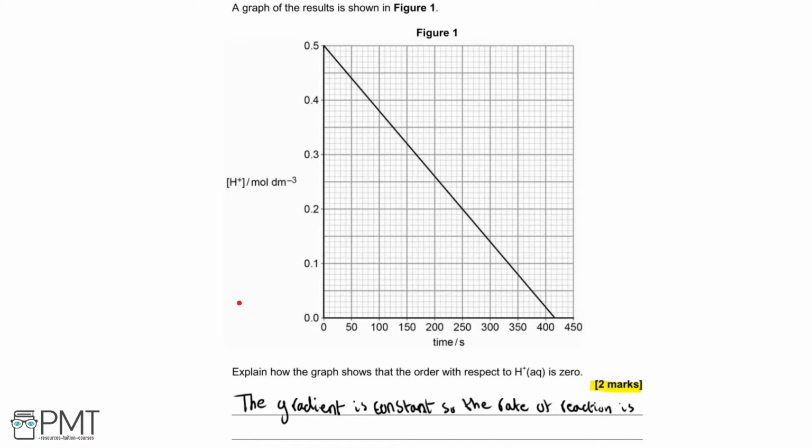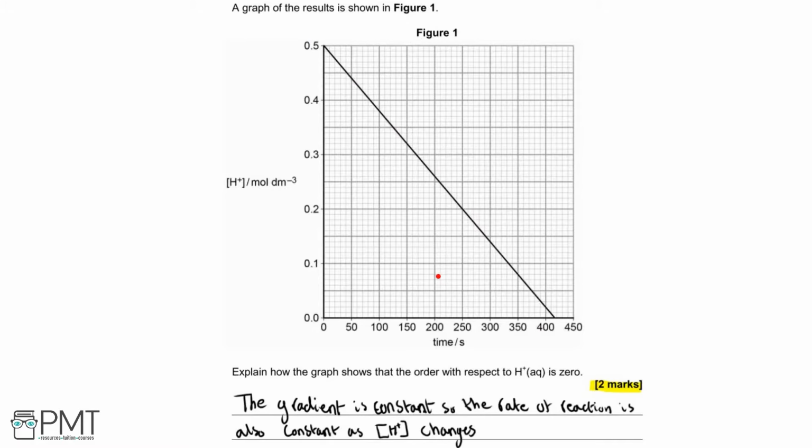So this rate of reaction is also constant as our concentration of hydrogen ions, that's the square brackets H plus, changes. And this means that it's going to be order 0 with respect to this, because it's clearly having no effect on the rate of reaction. It's changing, as we can see as it's going right up and down the y-axis, as the data shows, but throughout all of this, the rate of reaction is constant.